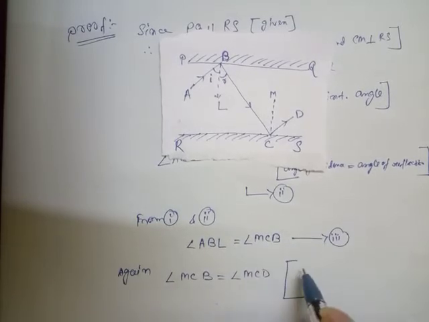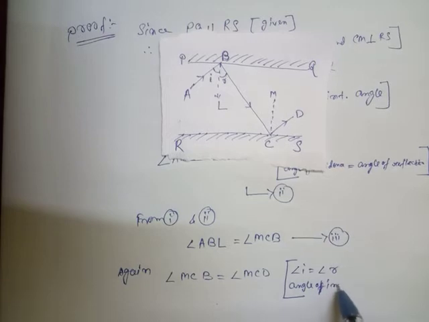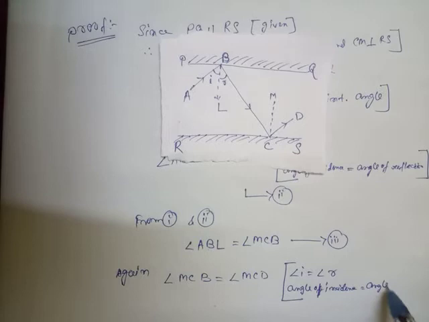Reason: angle I equals angle R, which means angle of incidence equals angle of reflection.